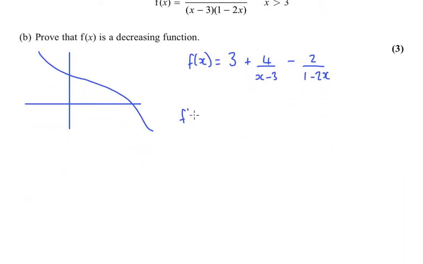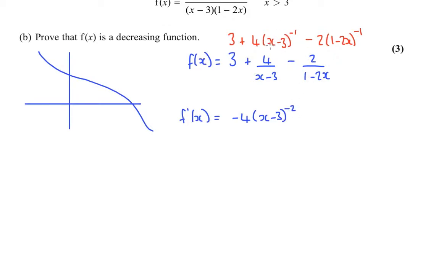So f dash x is equal to, to differentiate this, they need to be in power form. So we need to rewrite it as x minus 3 to the minus 1 minus 2 lots of 1 minus 2x to the minus 1. And then we can bring the power to the front, take 1 off the power. The 3 is going to disappear. For the second term, we're going to have minus 4 times x minus 3 to the minus 2.